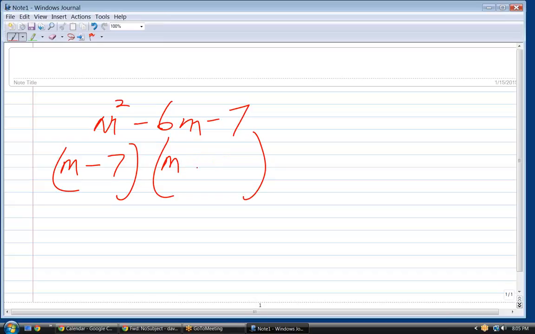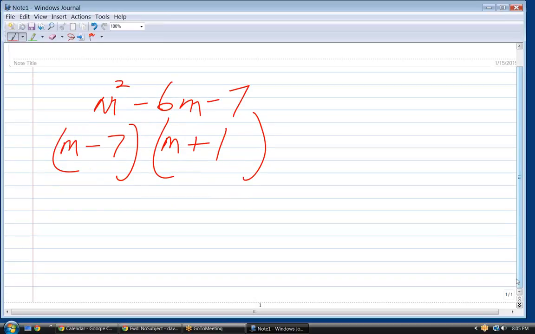So this one would be m plus 1 in one, and then m minus 7. It doesn't really matter which letter. That's correct. Cool.